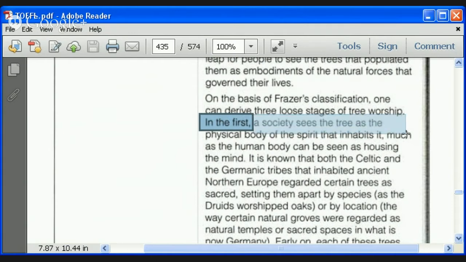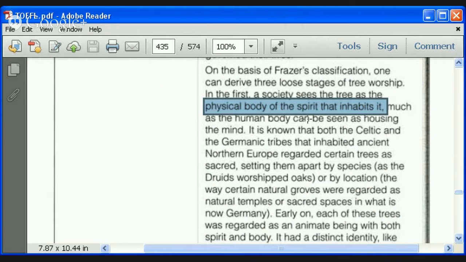The society sees the tree as the physical body of the spirit that inhabits it, much as the human body can be seen as housing the mind. So again, I'm going to summarize that to myself. I might think to myself, all right, 3 stages. Stage 1, the tree has a spirit.